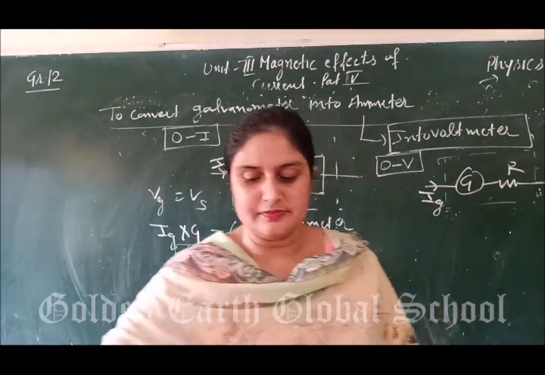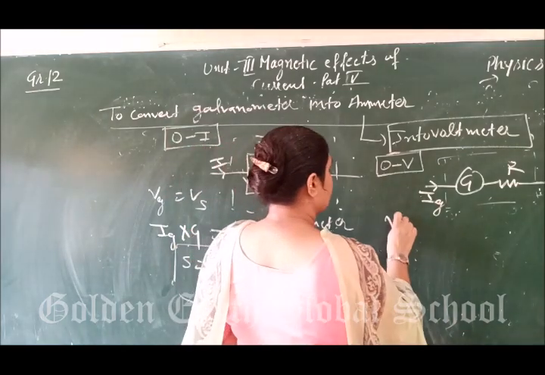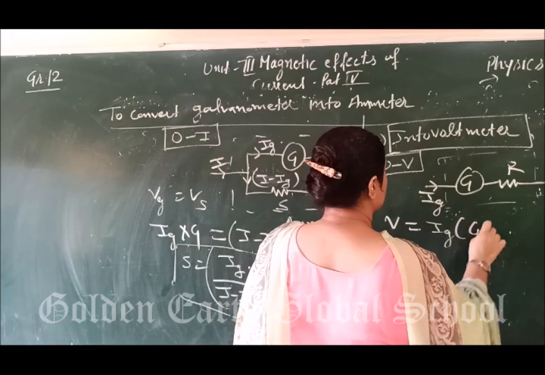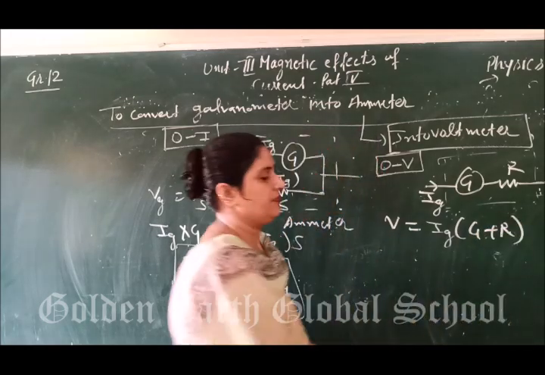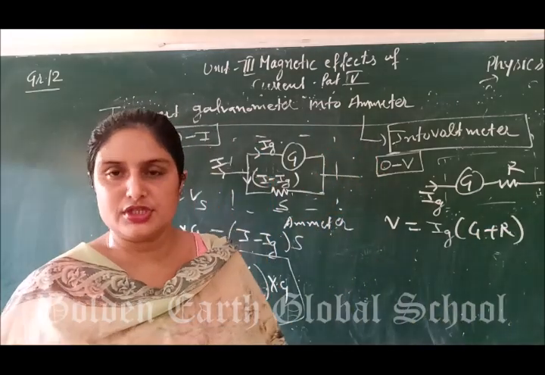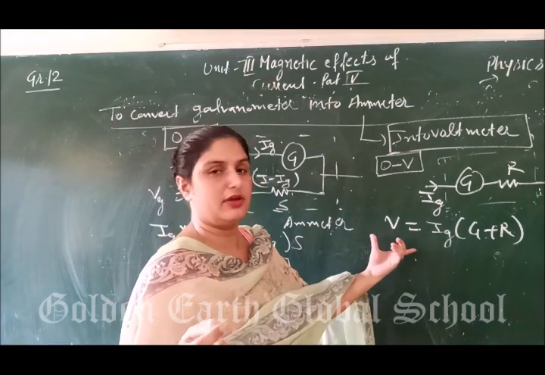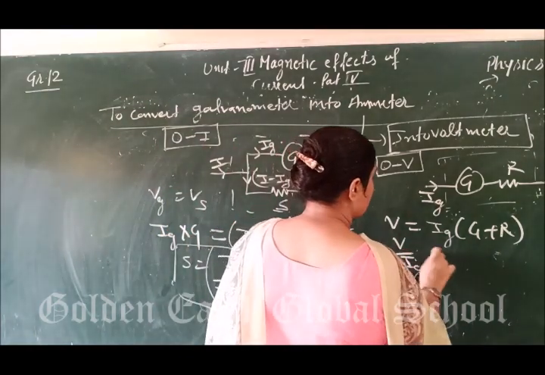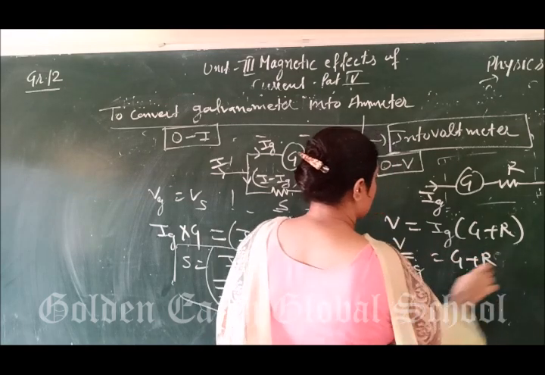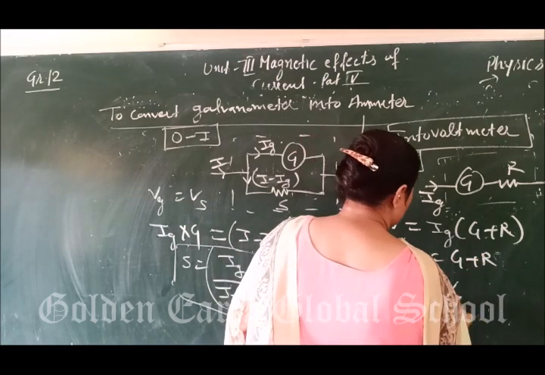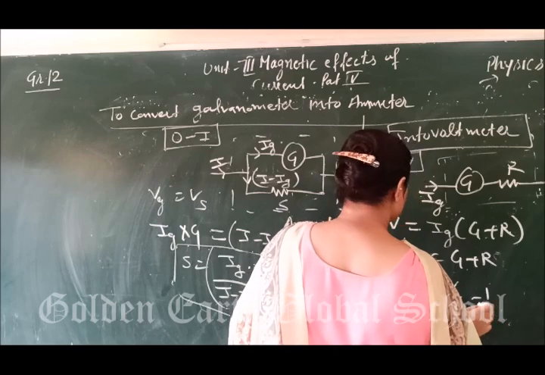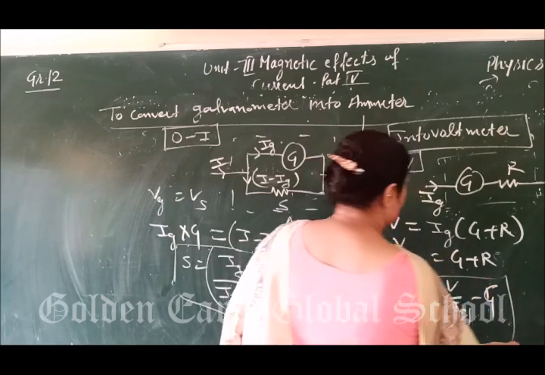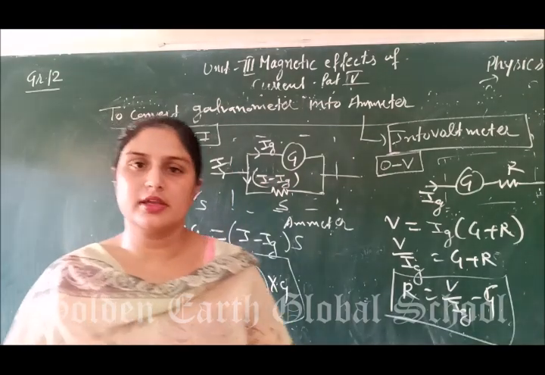Now in this case, total potential V is equal to Ig into G plus R. From here you can calculate the value of R. V upon Ig is equal to G plus R, or R will be equal to V upon Ig minus G.